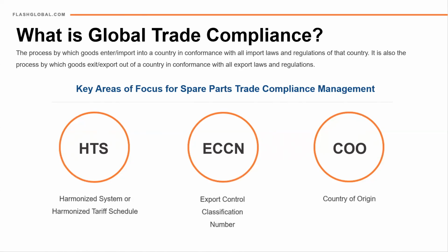It also allows us, if the part is $2,500 in value or more, to file AES on your behalf, which is with the government, and to ensure that we keep you in compliance to prevent any delays in customs when it gets to the country of destination.